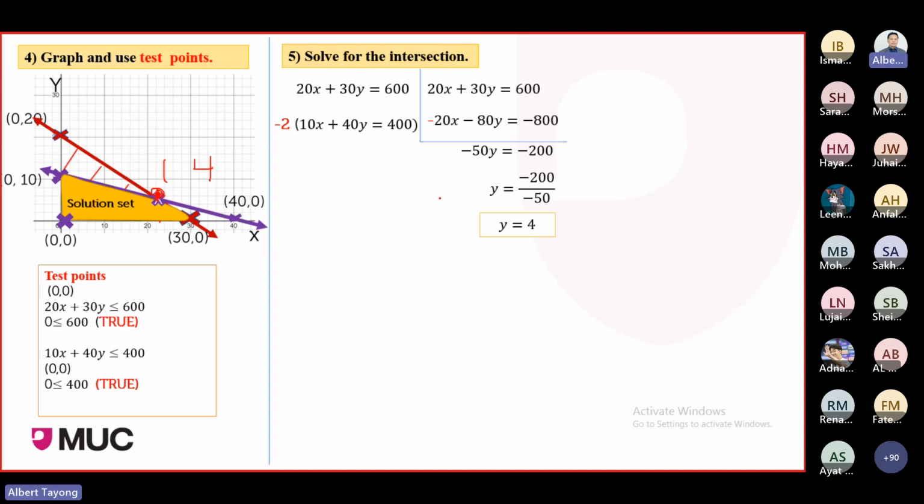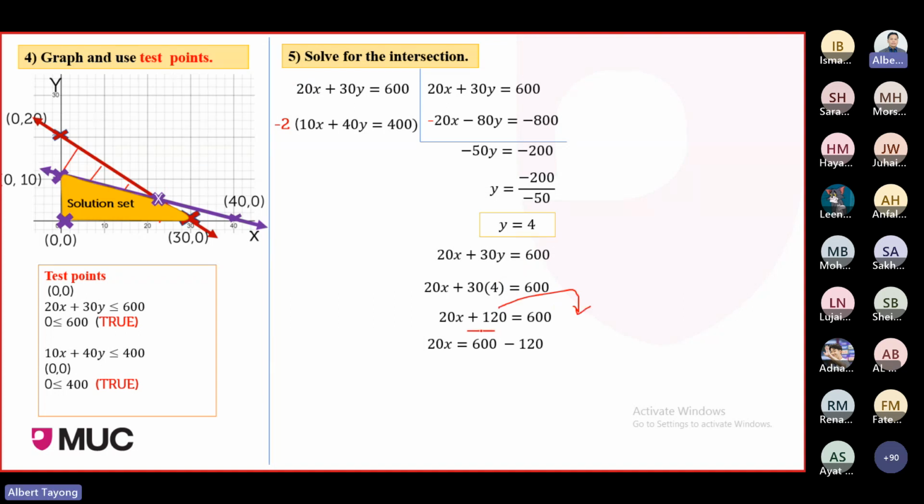And our x we have to find using any of the equations. You can use the first or the second. So we have 20x plus 30 times 4 using equation 1, because our y is equal to 4, equals 600. So 20x equals 600 minus 120.